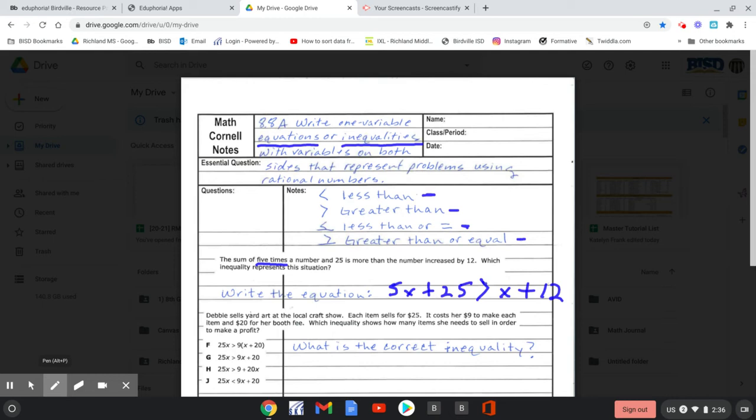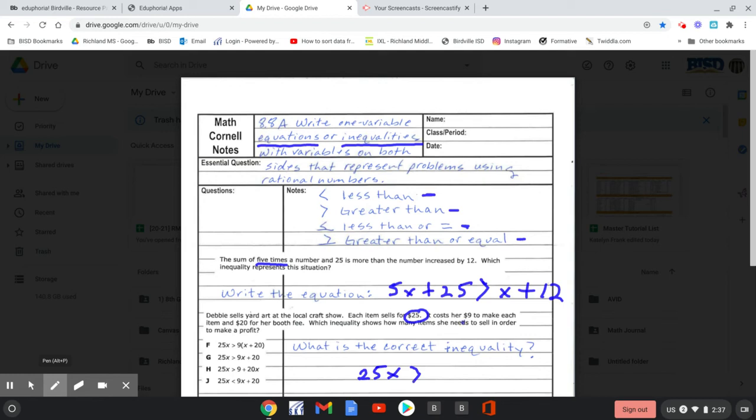They said Debbie sells yard art at the local craft show. Each item sells for $25. It costs her $9 to make each item, and it's $20 for her booth fee. Which inequality shows how many items she needs to sell in order to make a profit? Since she sells them for $25 each, that is where our 25x would go, because we don't know how many she's going to sell. And we want her profit to be more than her cost.